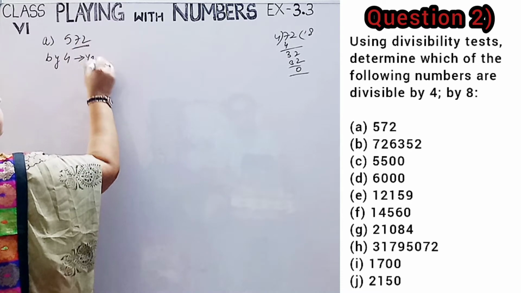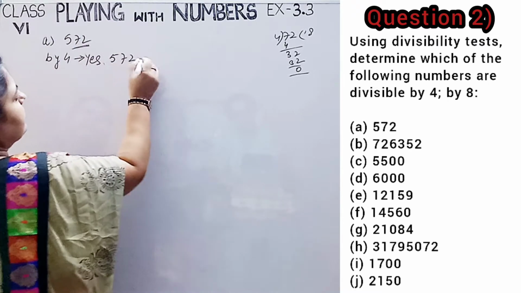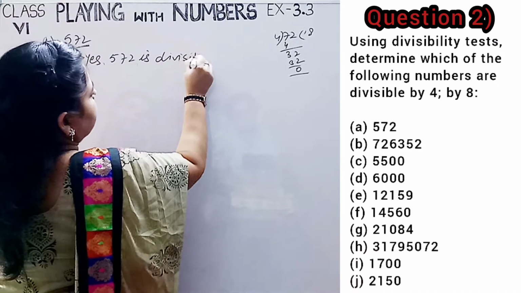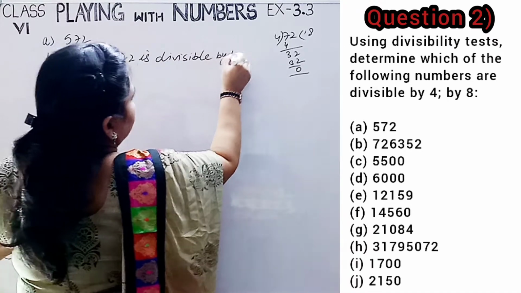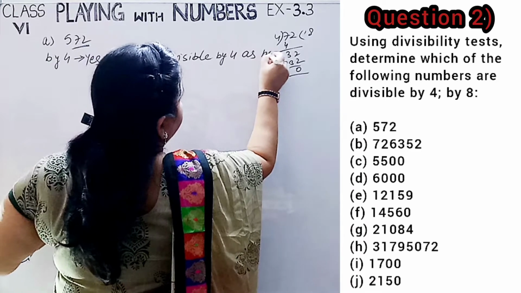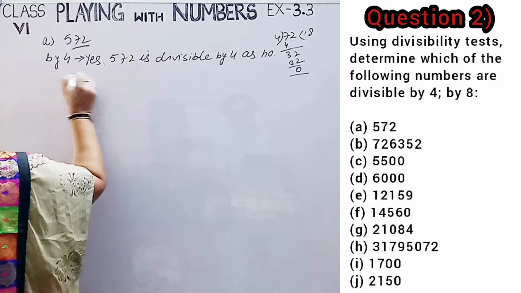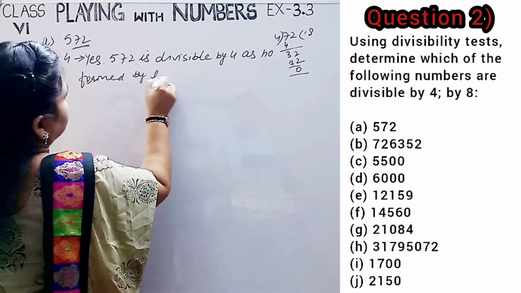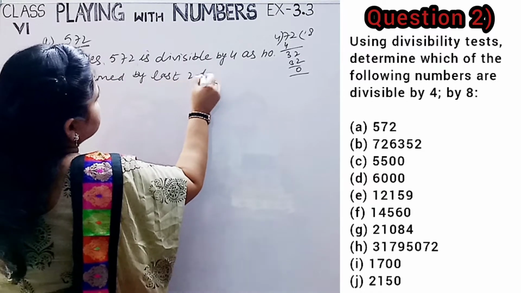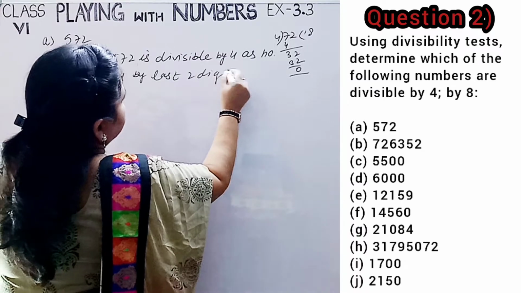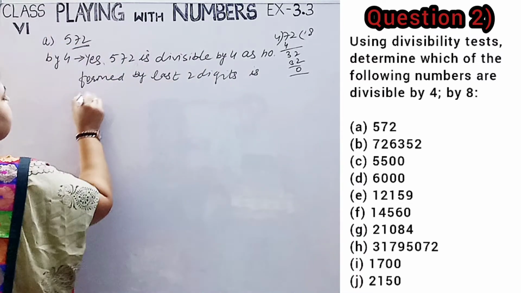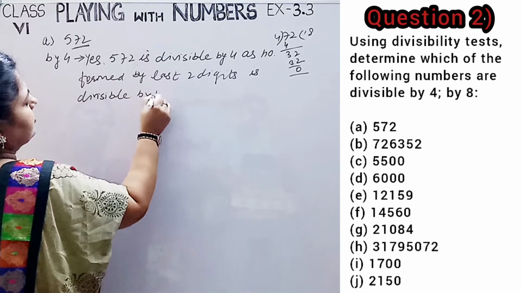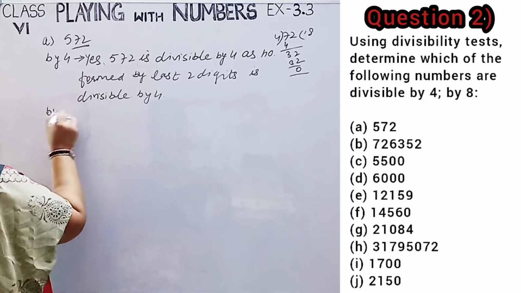So yes, 572 is divisible by 4 as number formed by last two digits is divisible by 4.